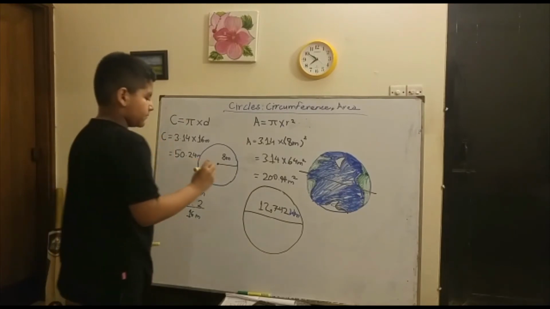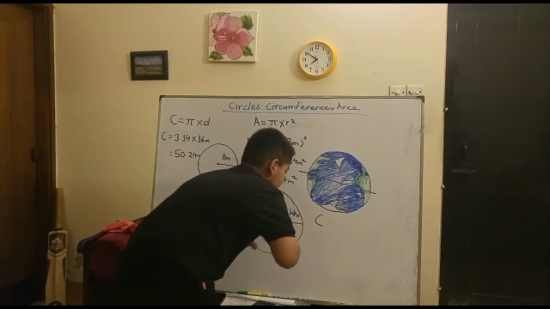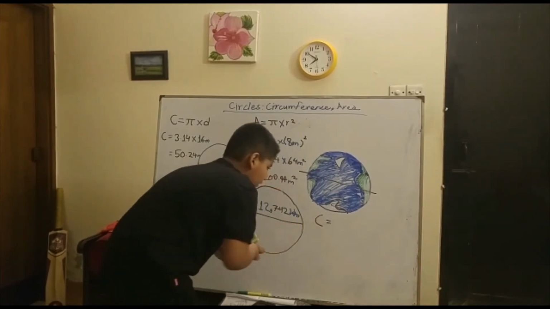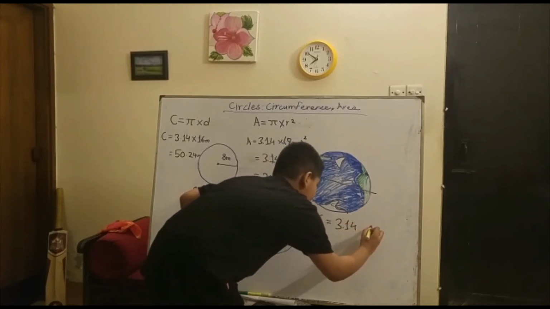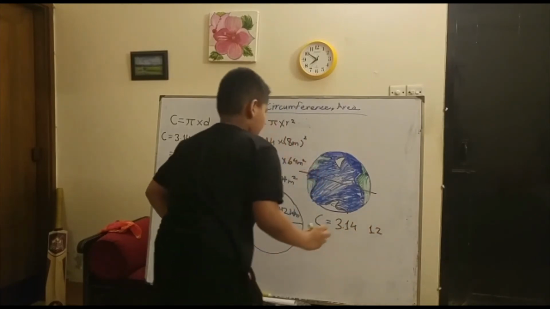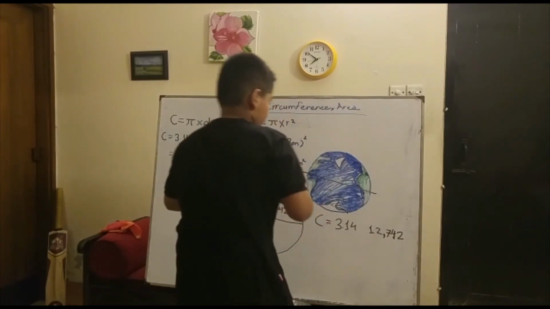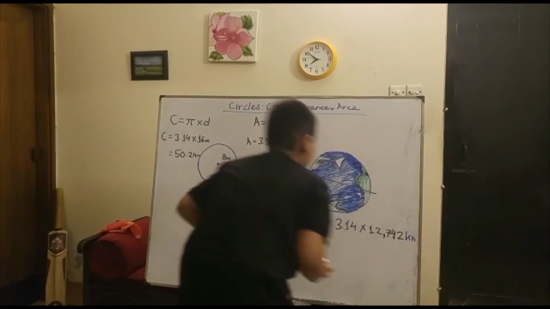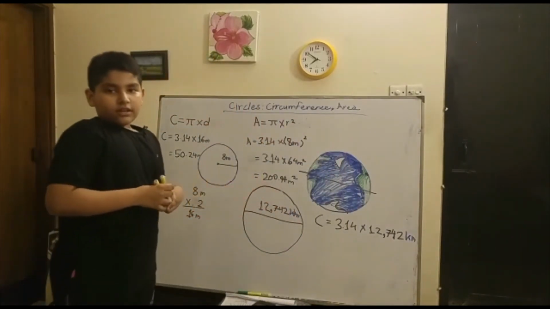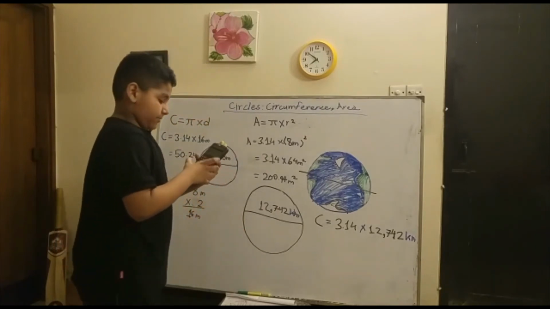Now let's find the circumference and the area of this circle straight through the equator. Okay, so we can plug in values for pi: 3.14 times 12,742 kilometers. That's a long distance, I'm telling you. Because this is decimal arithmetic, I'm obviously going to use a calculator.